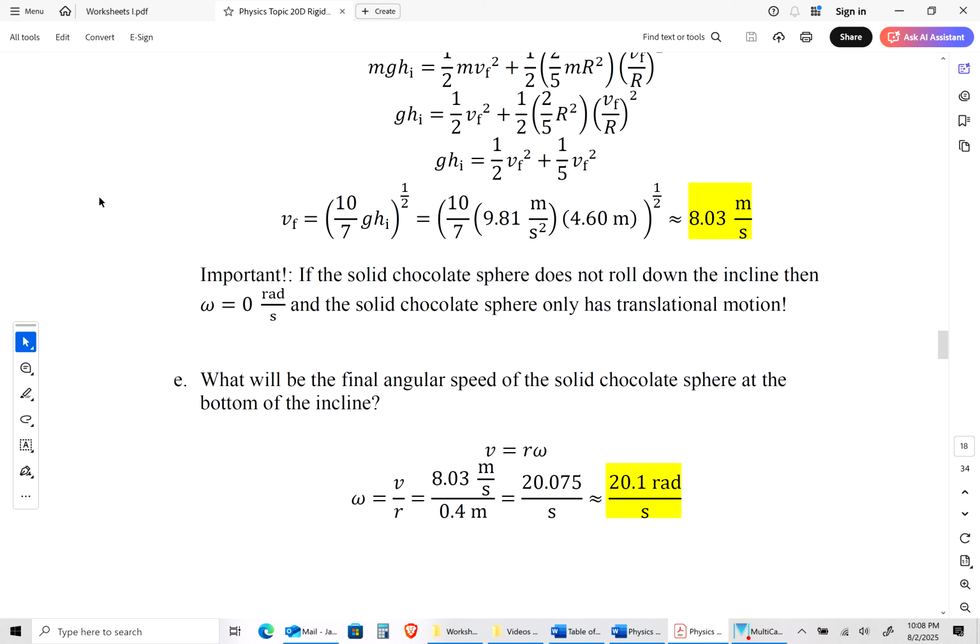Part E, what would be the final angular speed of the solid chocolate sphere as it reaches the bottom of the incline? Angular speed, V equals R omega, solve for omega.